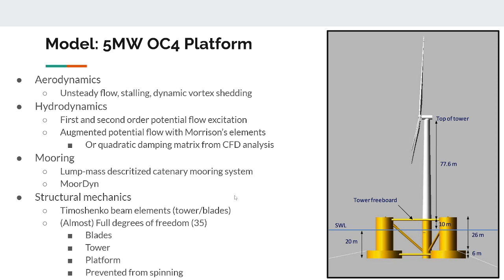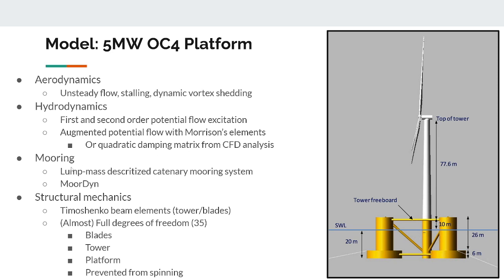The model we will be using is the 5 megawatt OC4 floating platform. For aerodynamics, it has unsteady flow, stalling, and dynamic vortex shedding. For the hydrodynamics, it has first and second order potential flow excitation, and also augmented potential flow with Morison's elements to account for viscous effects, or a quadratic damping matrix from CFD analysis.